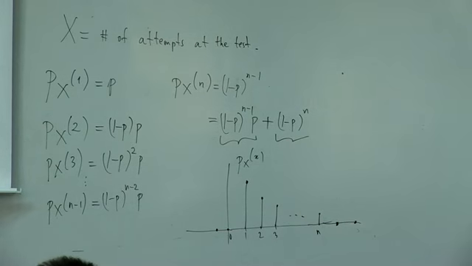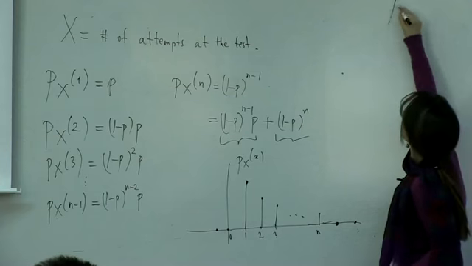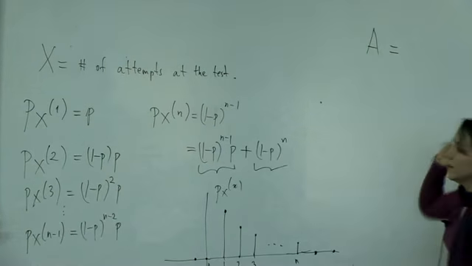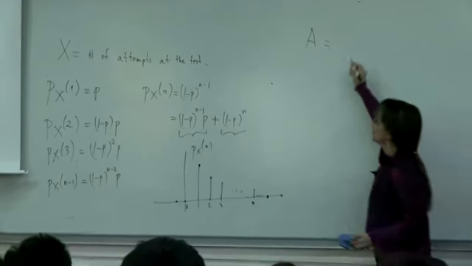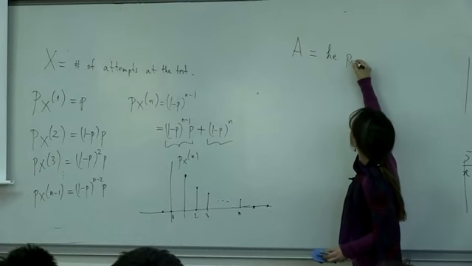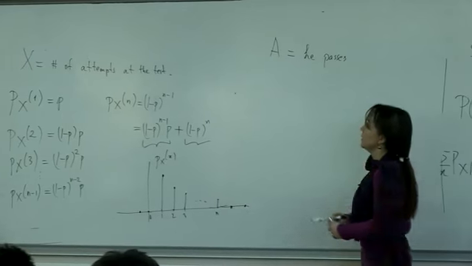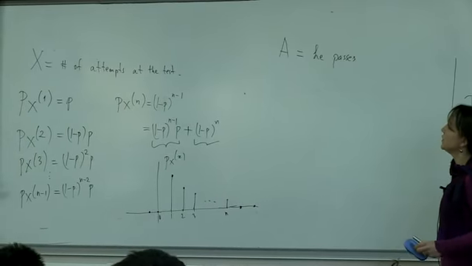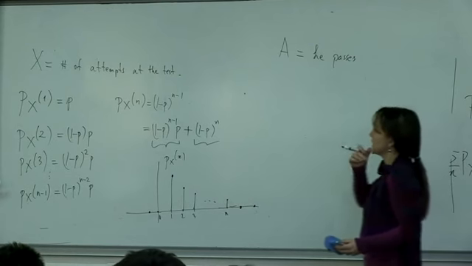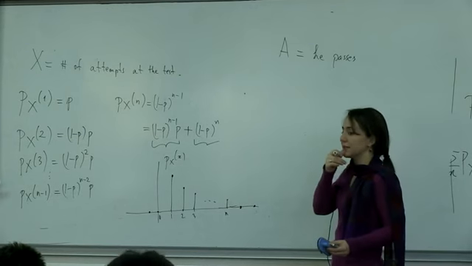Okay. Now, A is the event that Ali eventually gets his license. So, he passes. What is the PMF of the number of attempts, x, given that he passes?